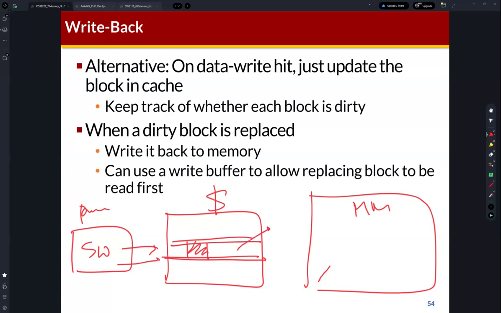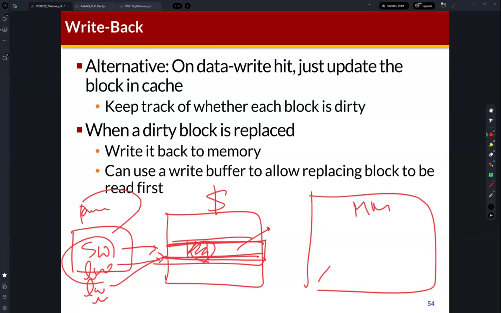This is the updated cache block. And then some other instruction like a load instruction will access this updated data in the cache, right? So this processor can always access the updated data in the cache.